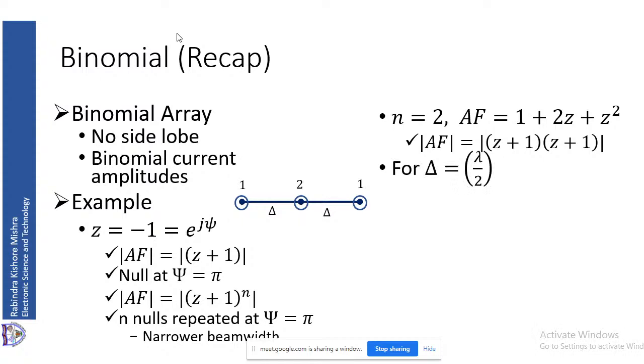Now for delta is equal to lambda by 2, which we are considering throughout our discussion, this array 1, 2, 1, I can consider as two arrays of 1, 1, then another array of 1, 1. So there are two arrays, 1, 1 separated by lambda by 2, then another 1, 1 separated by lambda by 2. Since there are two ones, they will add up to give you amplitude 2.